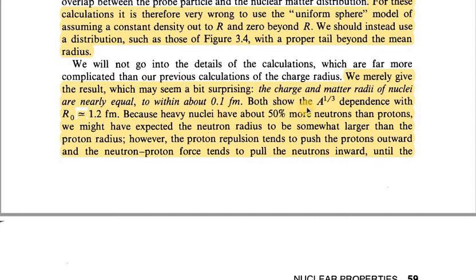Both show the A power 1 by 3 dependence with R0 equal to 1.2 femtometer. In the nuclear distance, we have seen that the charge and matter radii of nuclei are nearly equal.